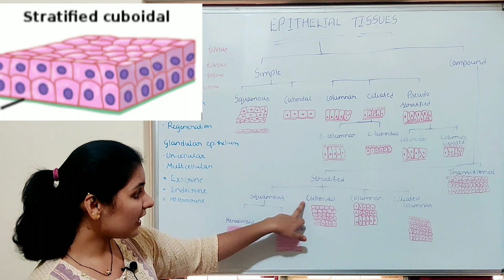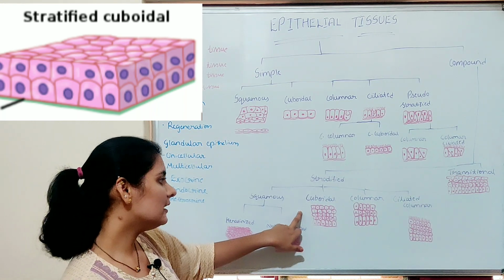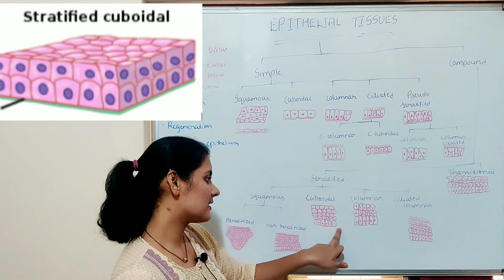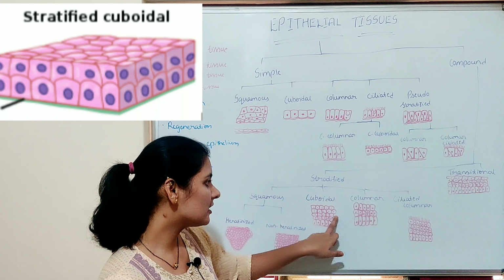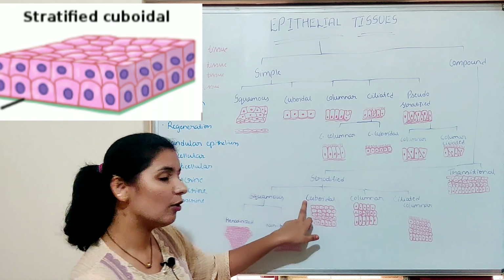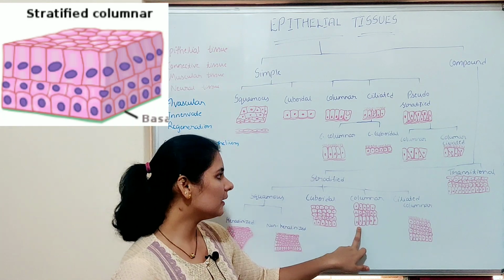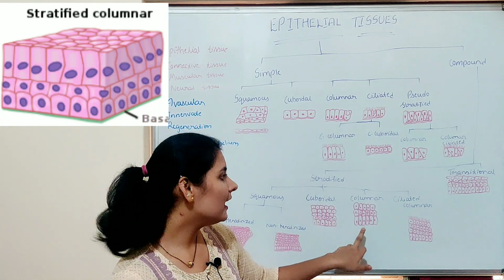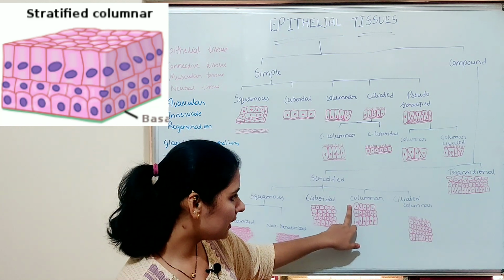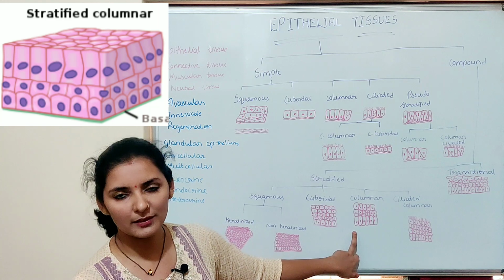Second type is stratified cuboidal epithelium. As the name indicates, in this type, the basal surface consists of columnar cells, whereas the cells present on the upper layer are made up of cuboidal cells. So that is about the second type. Third type is stratified columnar epithelium. As the name indicates, in this type, both the upper layer as well as the deepest layer are made up of simple columnar cells.